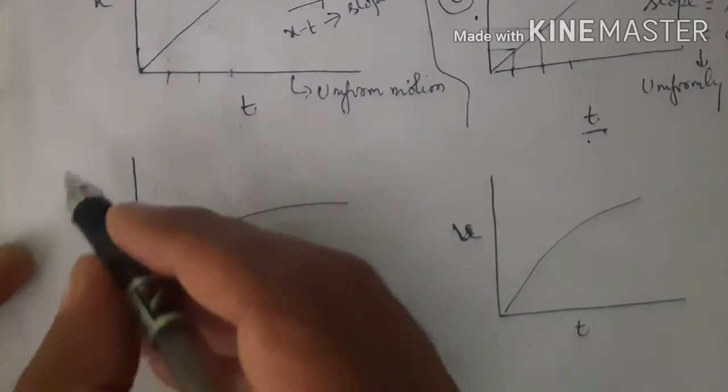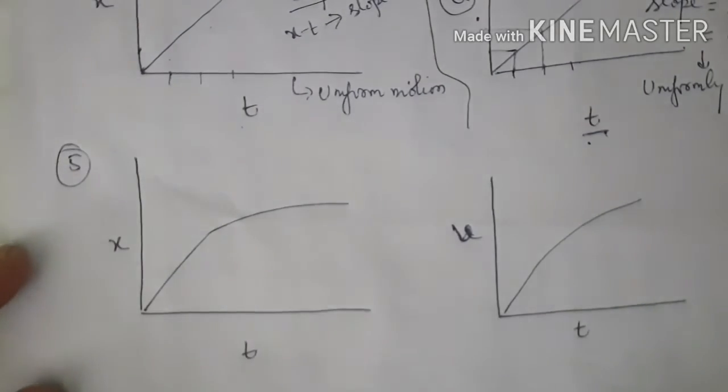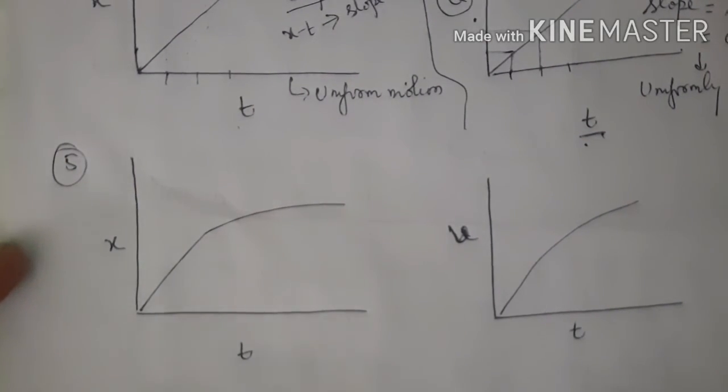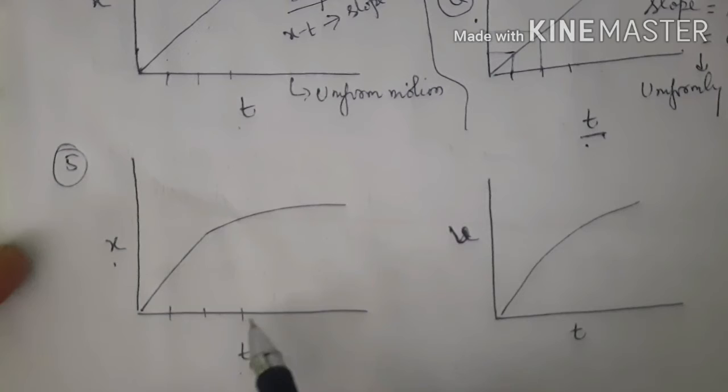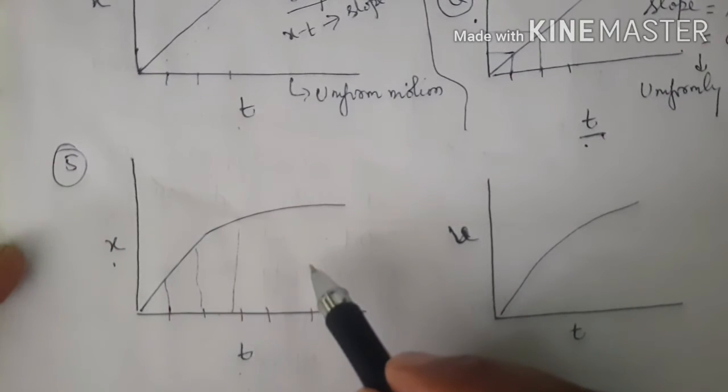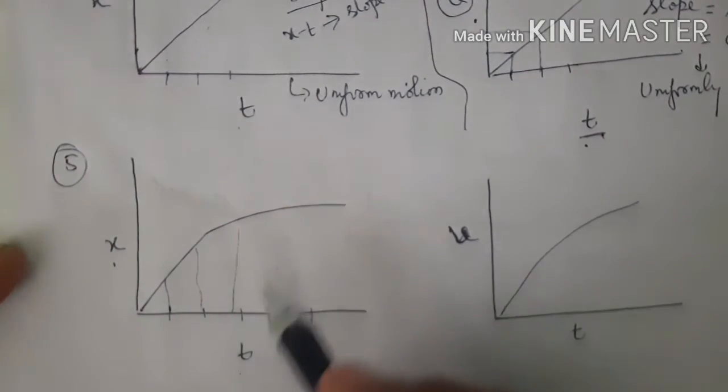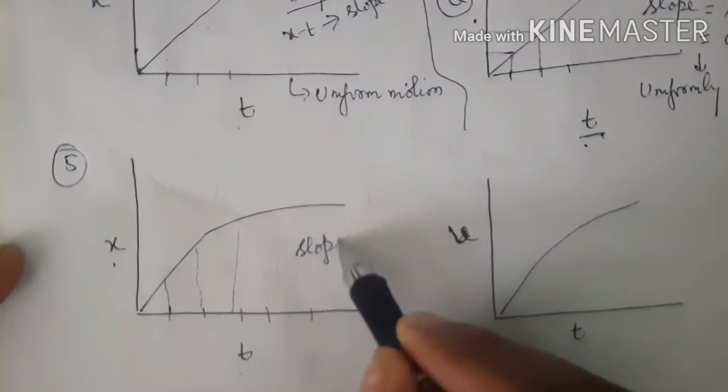Now let us discuss the fifth graph. That is also a graph between position and time. At different times, the particle has different positions, so the particle is in motion. Further, the slope here is also not constant.